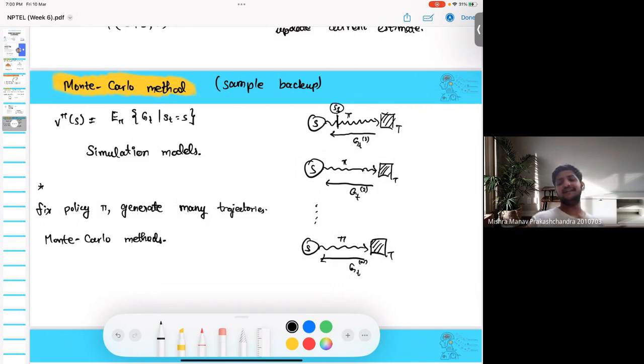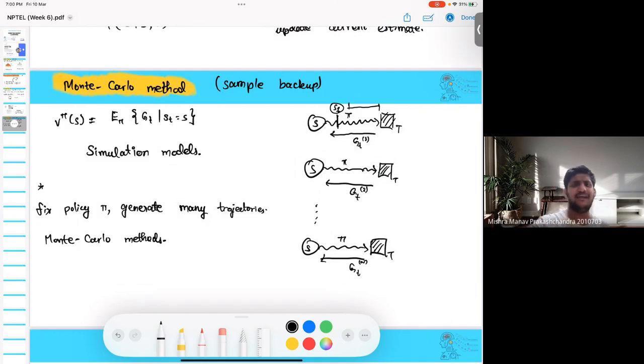So any state that falls within the trajectory according to policy pi, if I start from state S. Can I use the information of S1 to compute the value function for S1? If I'm following the same policy pi, then yes, I can use the same trajectory to update S1.